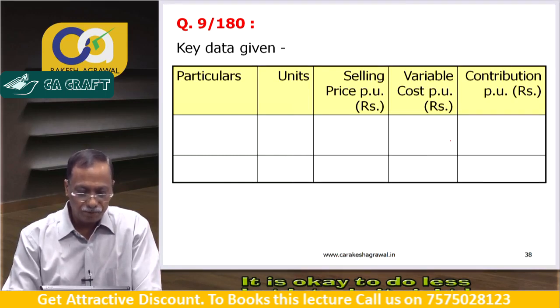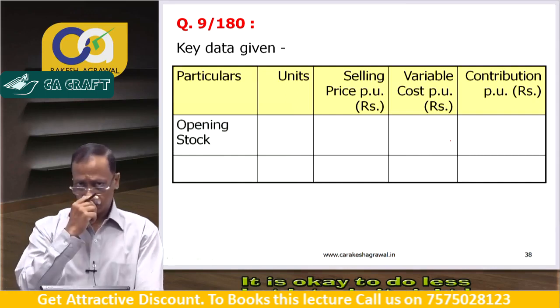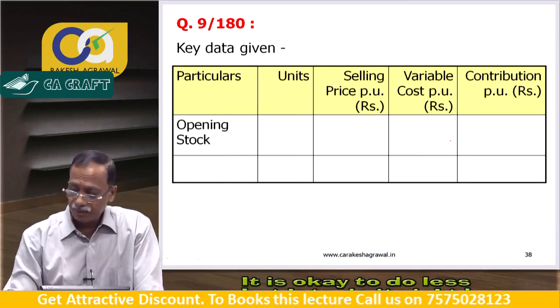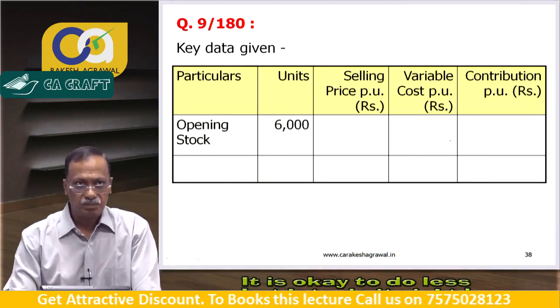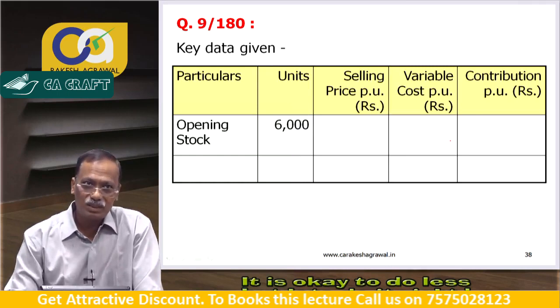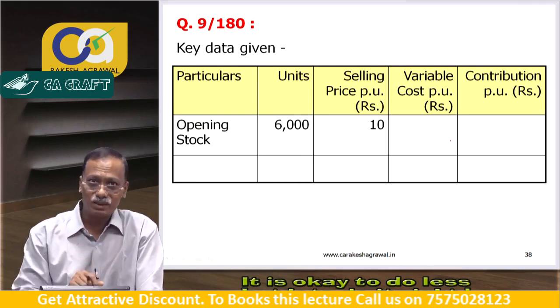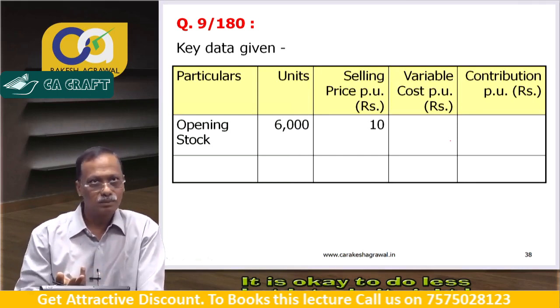Okay, start writing. Opening stock. How many units do you have? 6,000 units. If you sell them in the current period, what is the sales price? 10 rupees. Now how will the customer come to know that it is last year's stock, so it should be sold at a different price?